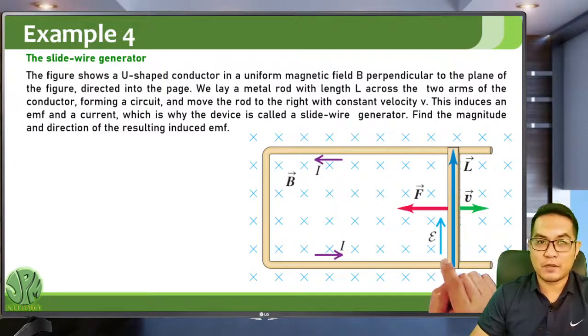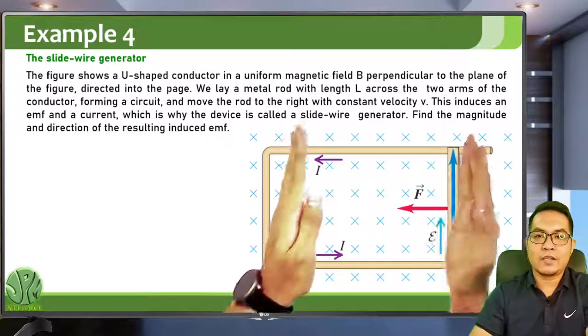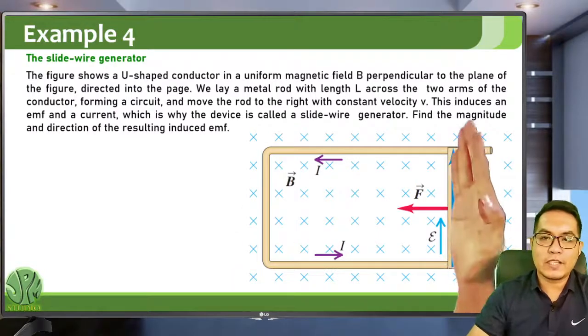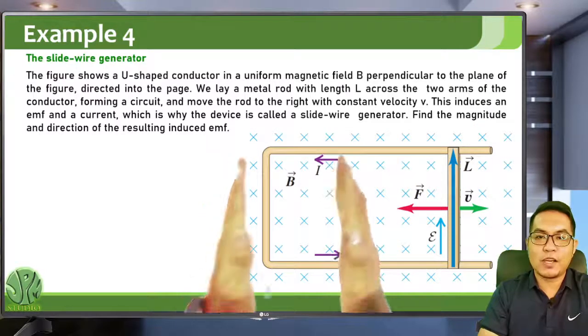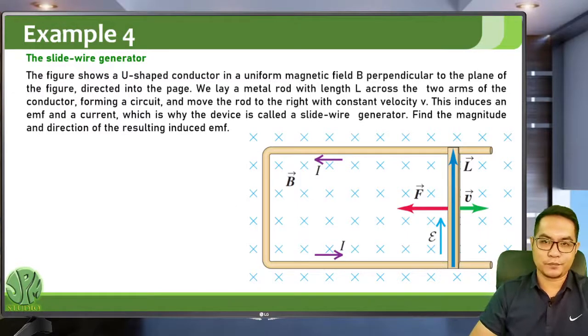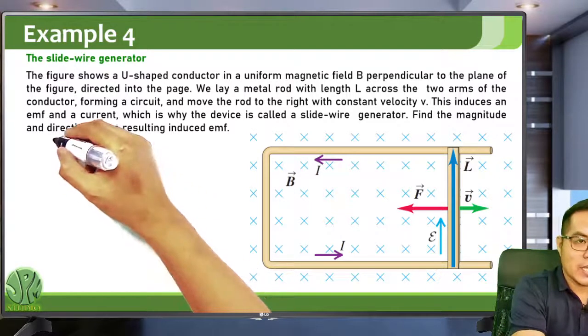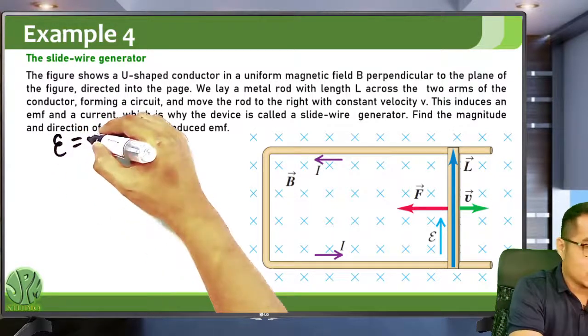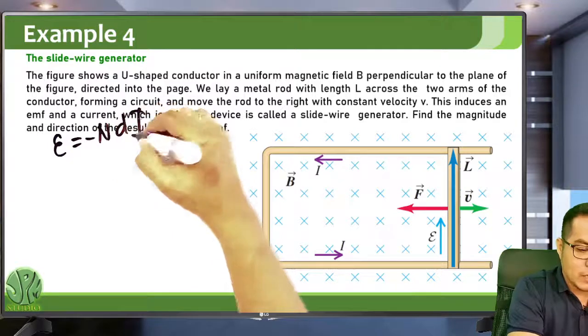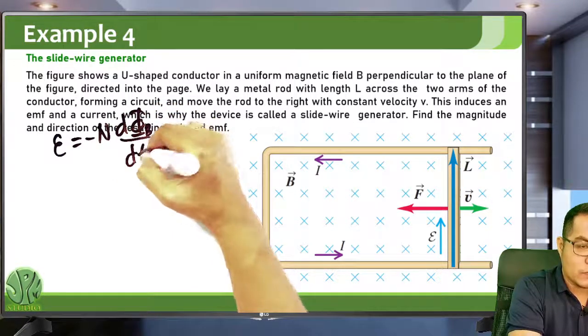So this is an example of a changing area. If you move this wire in that direction, the area of the loop is actually changing. So what is now the induced EMF for this case? Okay, let's again start with Faraday's law. It's negative N times the change in magnetic flux with respect to time.